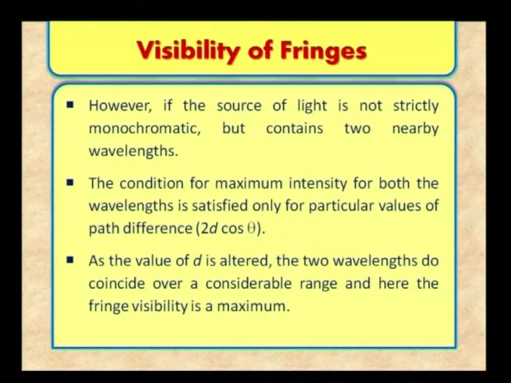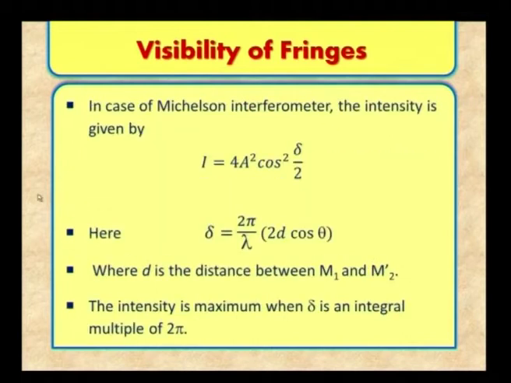However, if the source of light is not strictly monochromatic but contains two nearby wavelengths, the condition for maximum intensity for both the wavelengths is satisfied only for particular values of path difference 2d cos theta. 2d cos theta is the path difference, delta is the phase difference. A phase difference of 2 pi will correspond to a path difference of lambda, all these things you know.